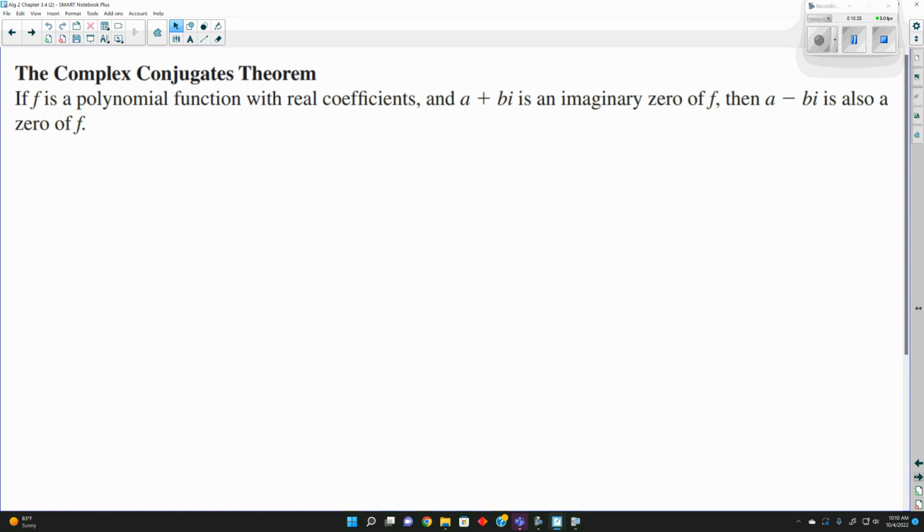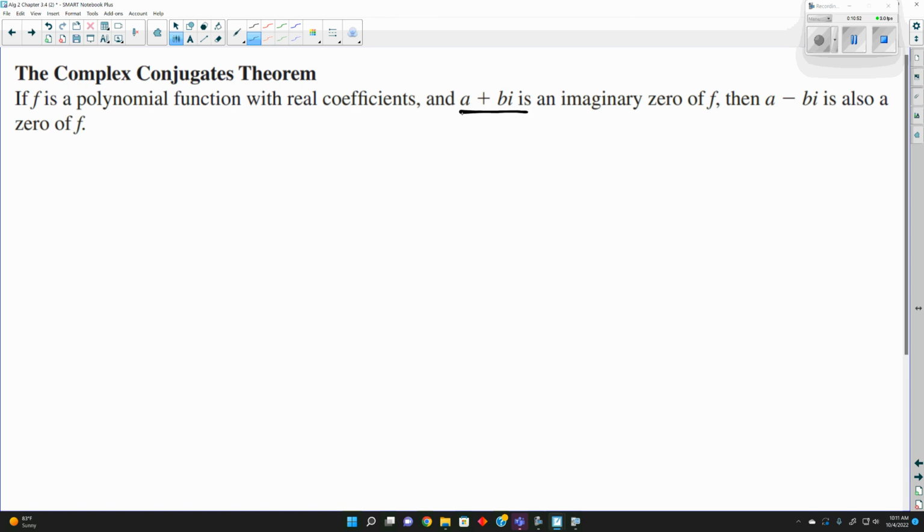Now, the complex conjugate theorem. Complex conjugate. This is really dealing with solutions, but it also works with this here. A plus bi. All right, guys, if a polynomial function with real coefficients has a plus bi as a solution, it also has its complex conjugate.